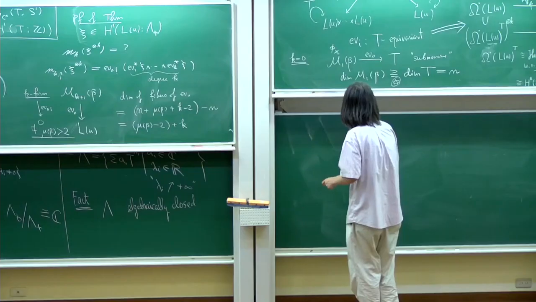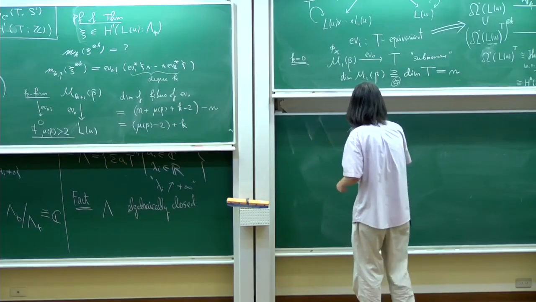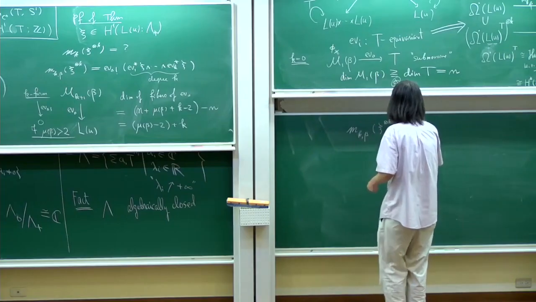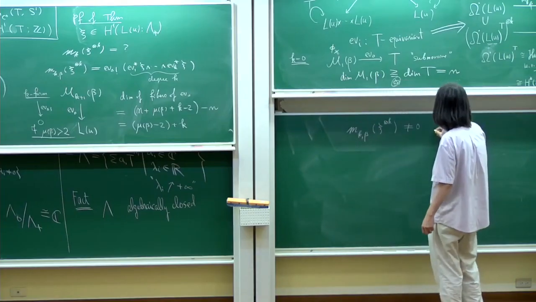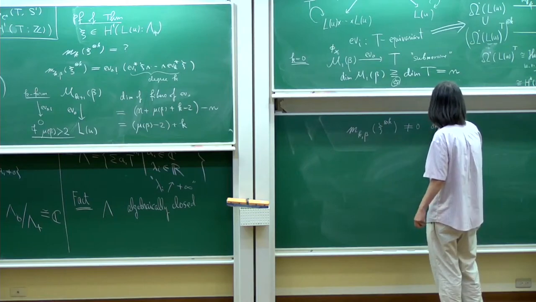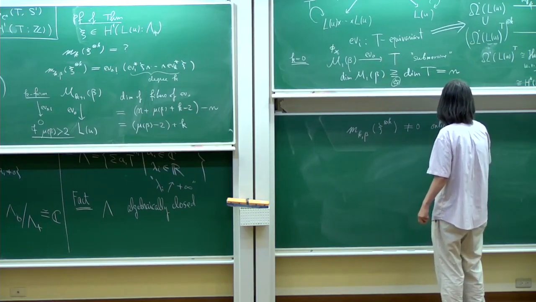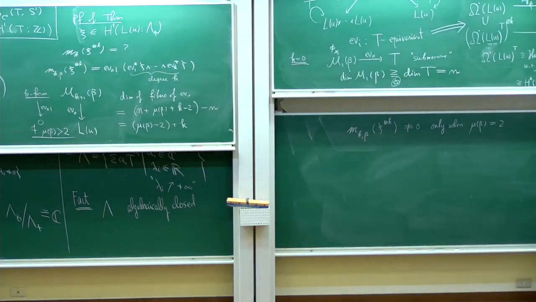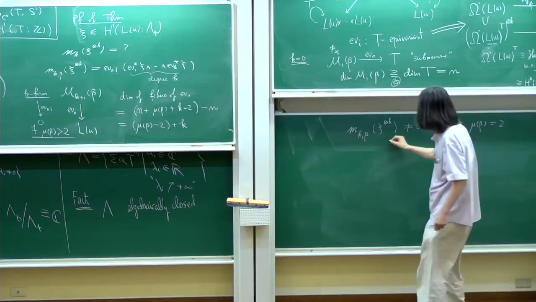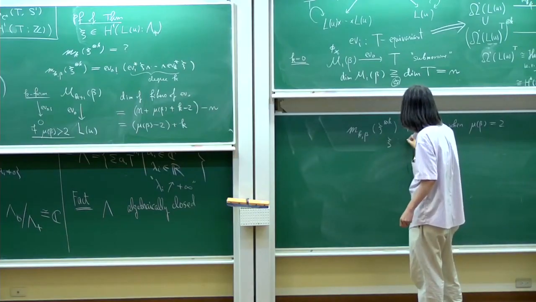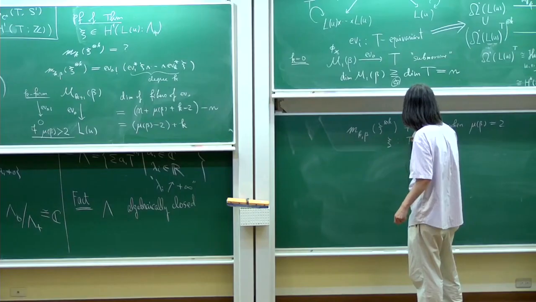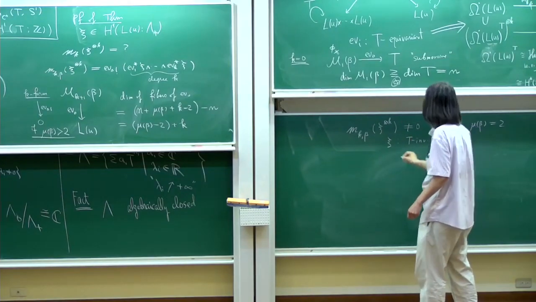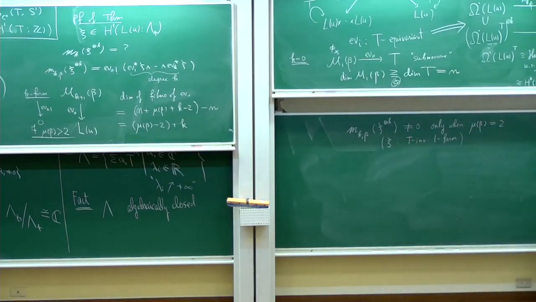Okay, so therefore this mk beta of C tensor k is non-zero only when mu beta is equal to 2. So Xi is a one form, a T invariant one form. Okay.